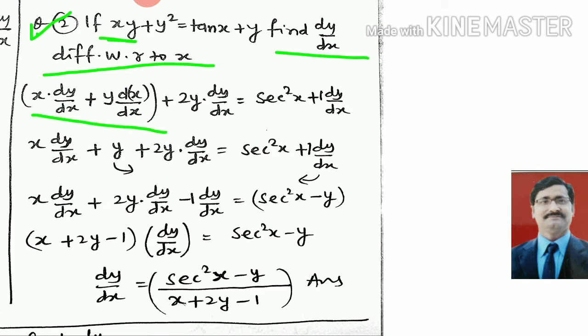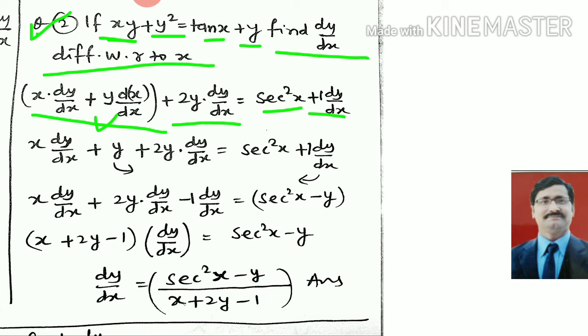First x will be as it is, differential of y will be dy by dx, and next y is as it is, and differential of x is dx by dx. And similarly differential of y square is 2y, and y differential will be again dy by dx. 10x differential is sec square x, and y differential is 1, and differential of y will be dy by dx.